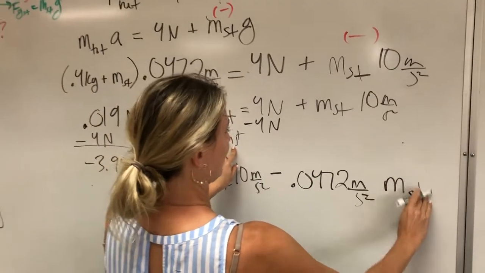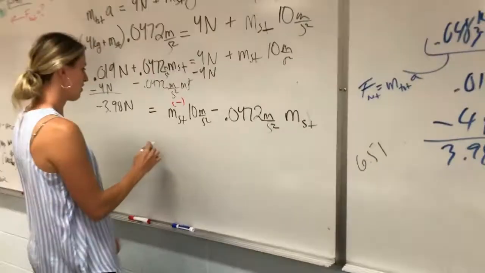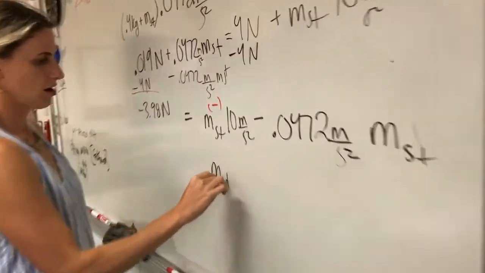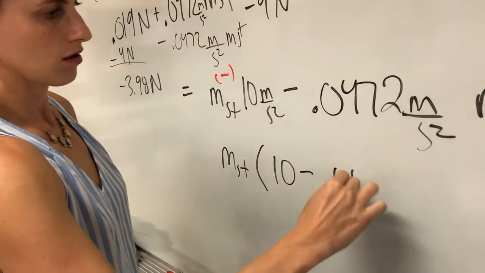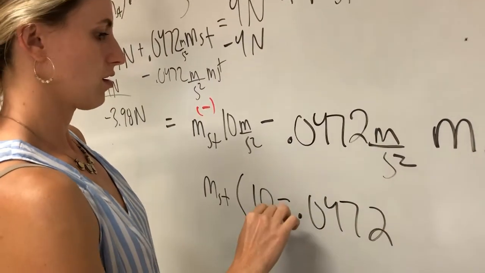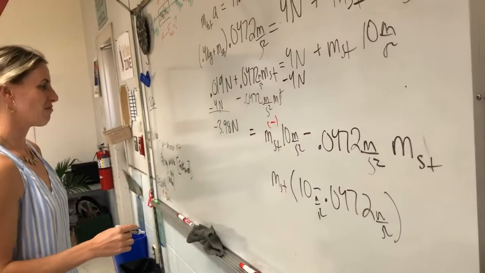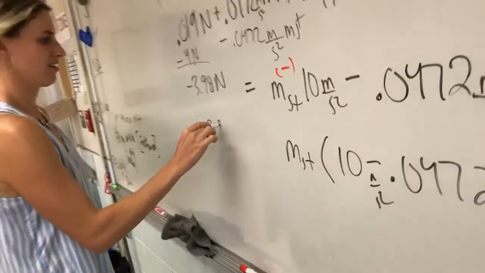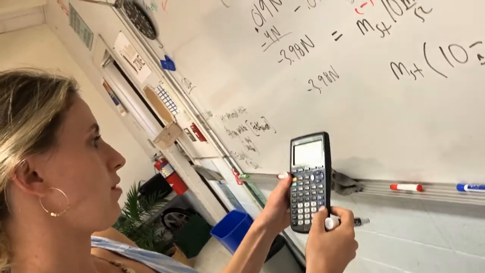Easy. Well, now we can solve for the mass of the stapler. I can pull out the mass of the stapler, right? That's going to be 10 minus 0.0472. Now 10 minus 0.0472, I can do that math real quick, right?